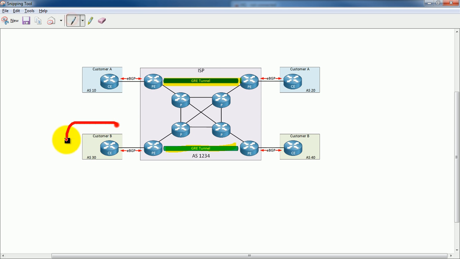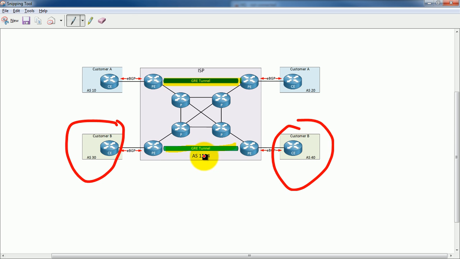Customer B and customer A are tunneled with each other. With a solution like this, we can have a BGP-free core.